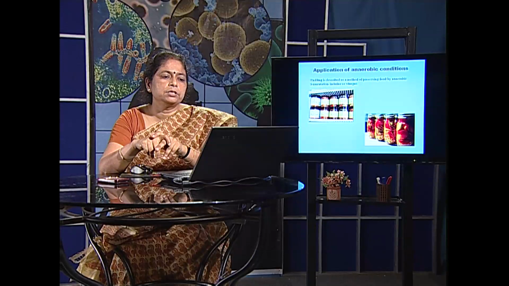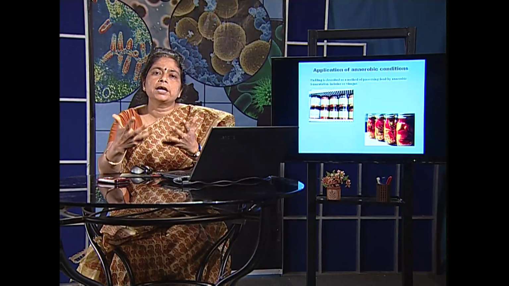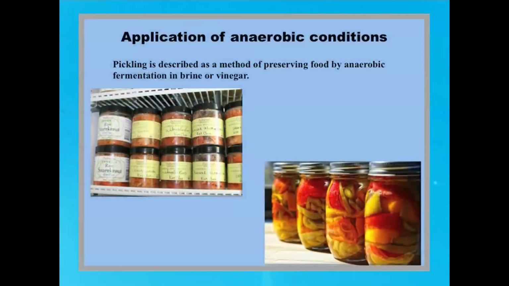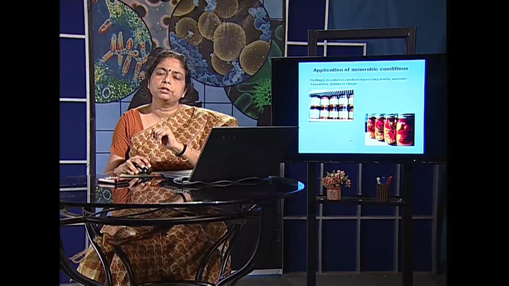The application of the anaerobic condition is seen in a process called pickling, which is a very good method of creating the anaerobic condition where the vegetables or the fruits are subjected to a brine solution or vinegar. Here you can see that we can have production of numerous pickles or preservation of the vegetables.